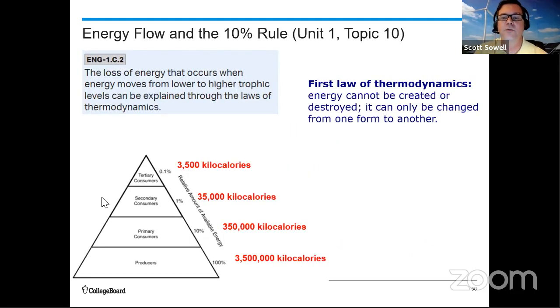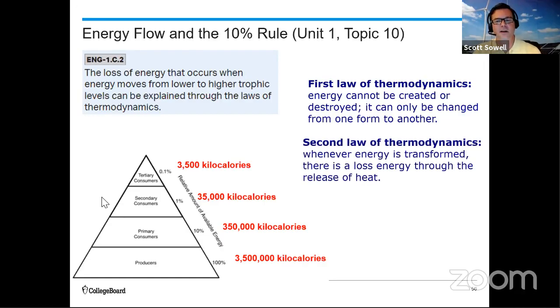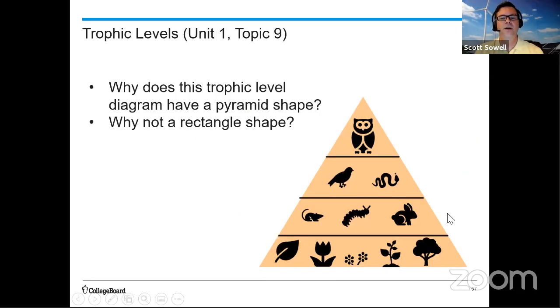This is really having to do with the first law and the second law of thermodynamics, mainly the second one, because the second law says every time energy is transformed from one form to another, we lose some of that energy as heat. Again, now we should be able to figure out why it's not shaped like a rectangle, but more like a pyramid, because of that 10% rule.